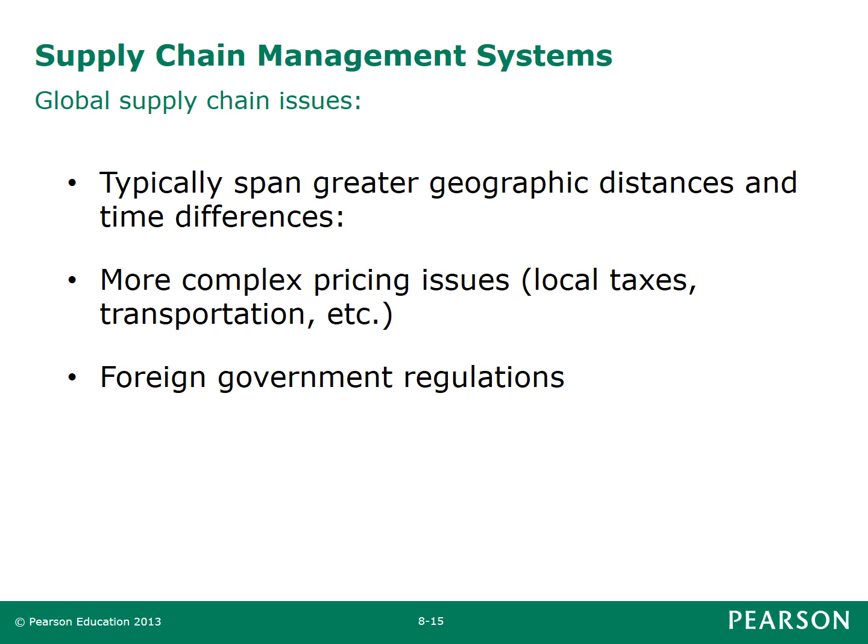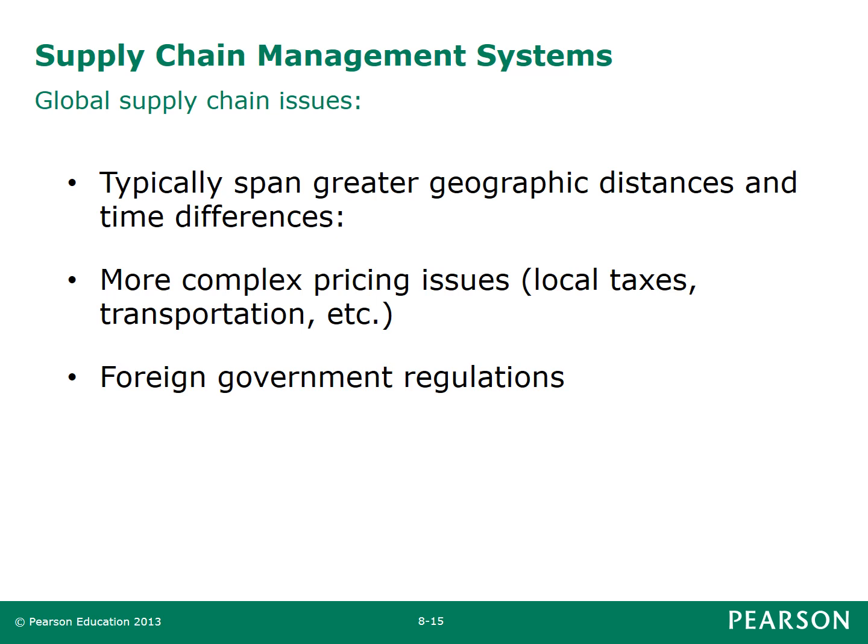Because of globalization, today's industries rely heavily on outsourcing to contract manufacturers in China and other low-wage countries. Companies are starting to use the web to manage their global supply chain and production issues. Here are some examples of issues that can face global supply chain management. First, great geographical distances and time differences between countries.